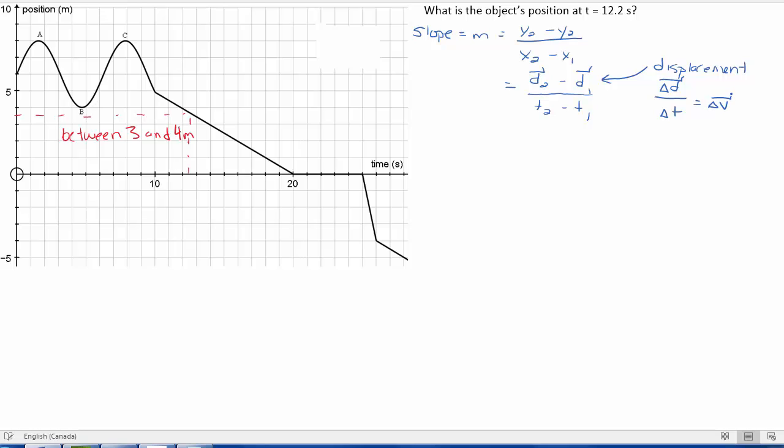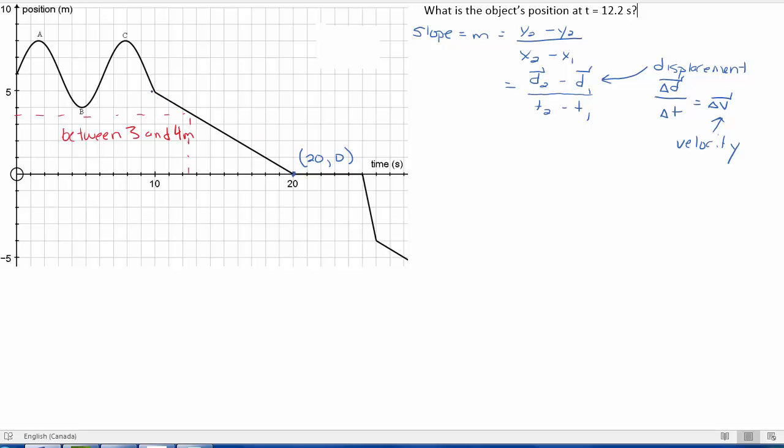I can convert this into our notation, which would be position 2 subtract position 1 divided by time 2 minus time 1. That change in position is displacement, and displacement divided by change in time is known as velocity. So the slope of a position-time graph is equal to the velocity at any given moment along that line segment.